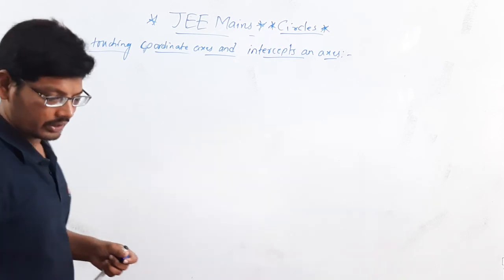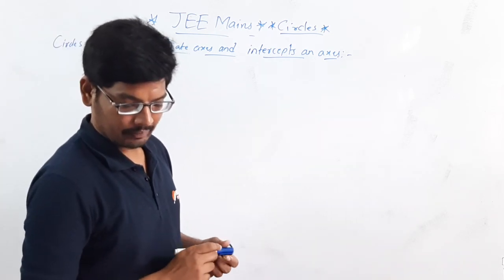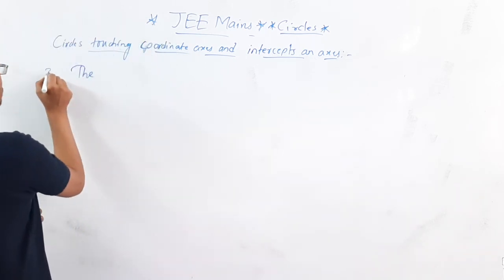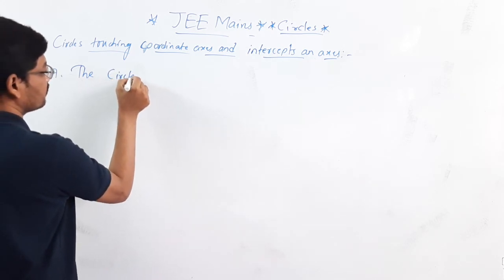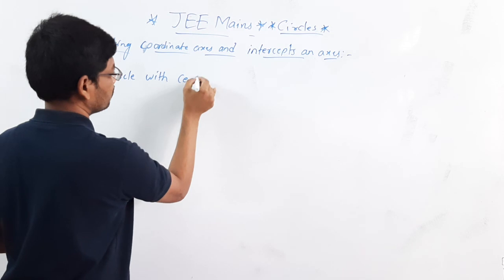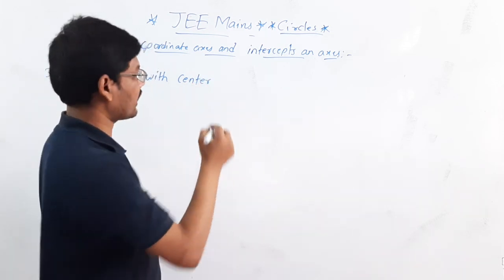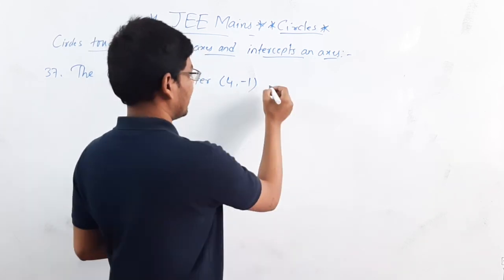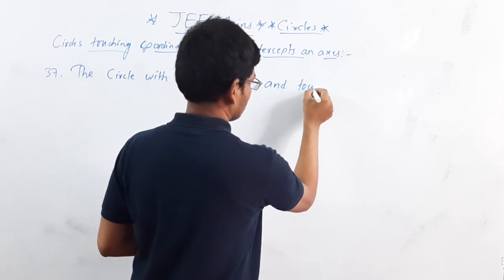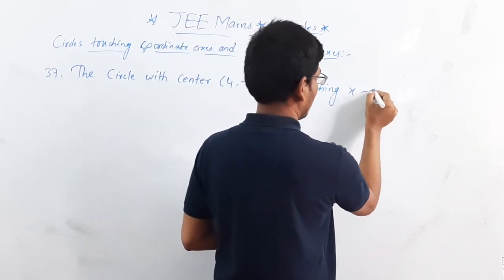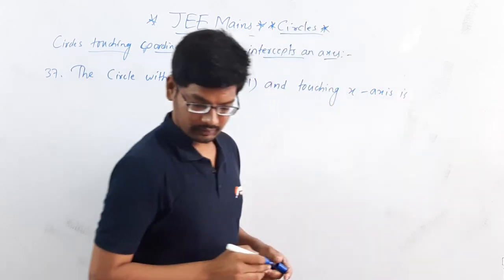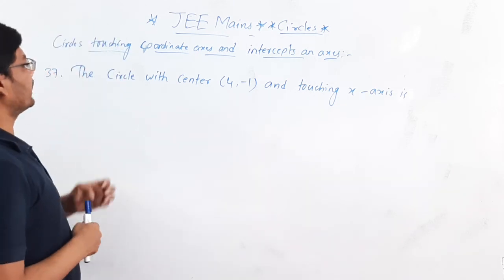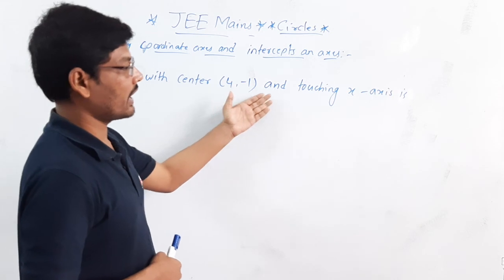This is the topic here. Question number 37: the circle with center 4, minus 1 and touching the x-axis. Here he has given the question: the circle with the center 4, minus 1 and touching the x-axis.